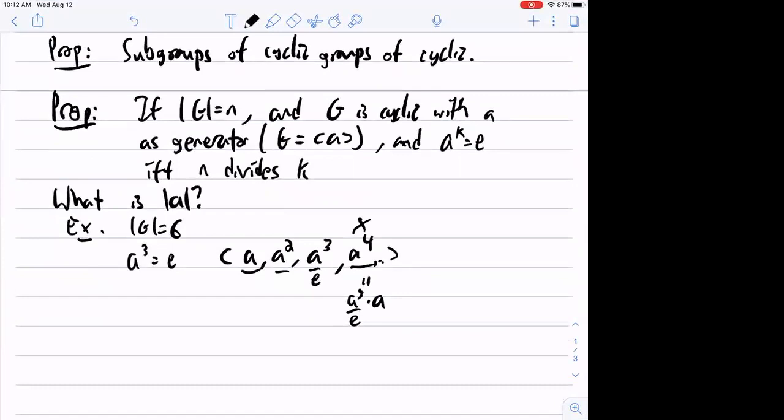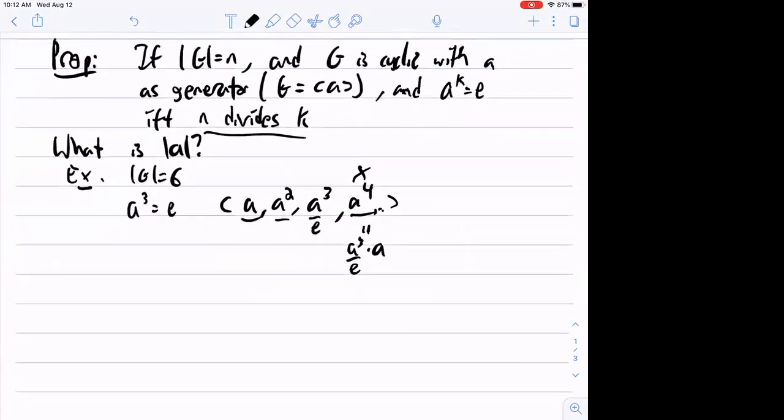K right here is not like a fixed number. It's just saying if you raise A to some value K and you get the identity, this is a proposition, right? Then n must divide it. So in other words, here I'm claiming, A to the 12 is E. So here, 6 divides 12.